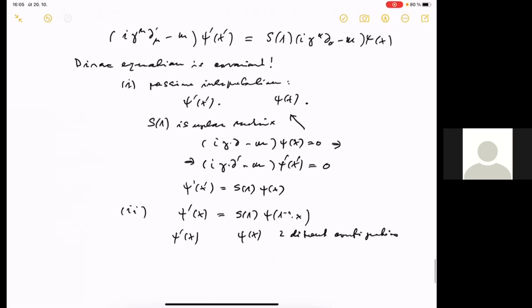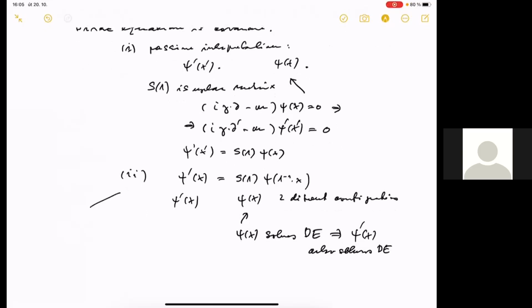But provided this psi x is a solution of the Dirac equation, then the new configuration psi prime x also solves Dirac equation. So this active interpretation allows us to form from one solution of the Dirac equation a different solution of the Dirac equation simply using Lorentz transformations.